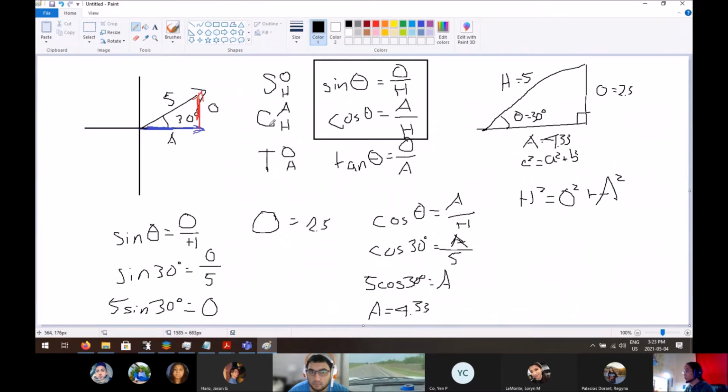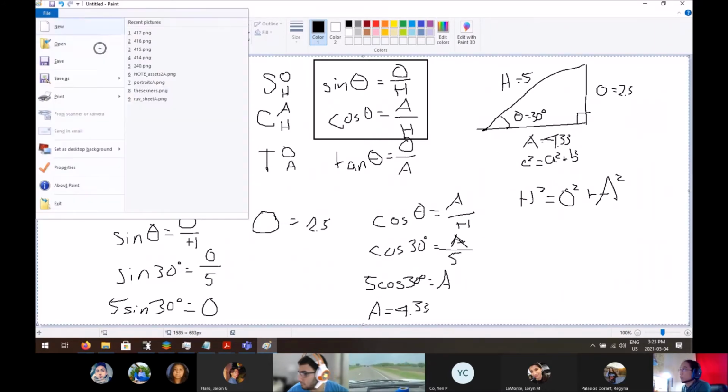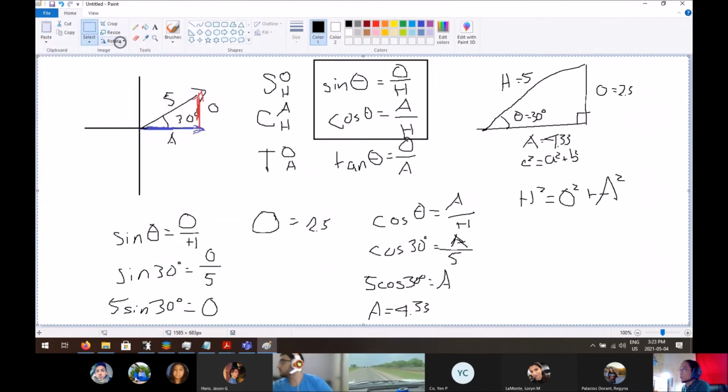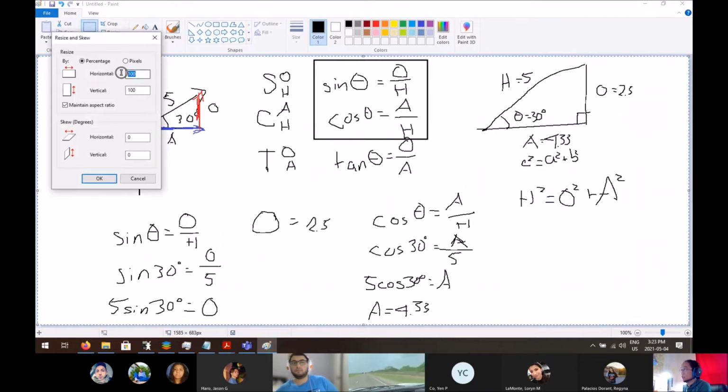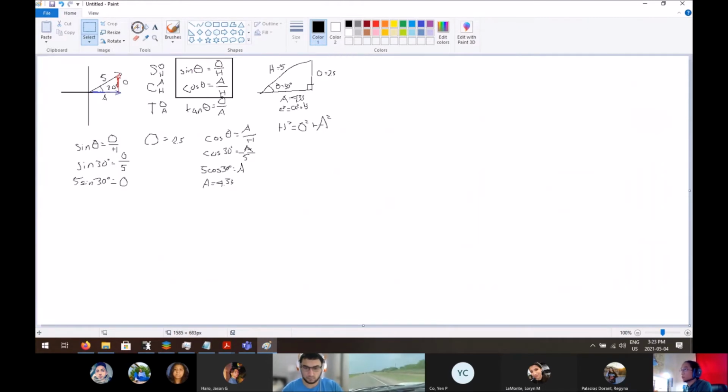So what can you do with these? Well, remember how I said you had to add them together, right? You can add it to another vector.